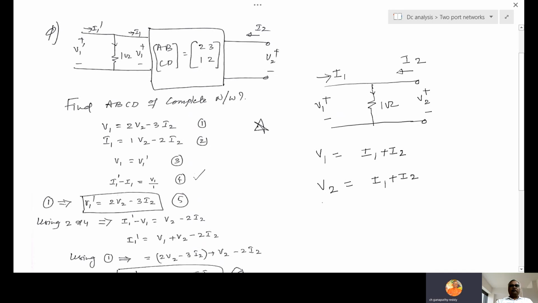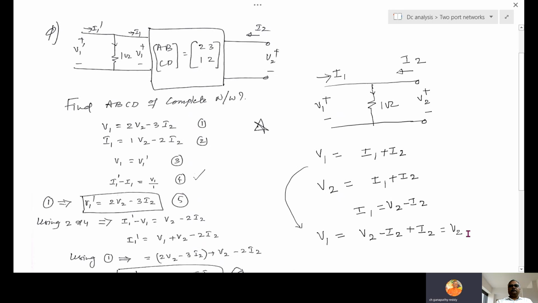But we want V1 in terms of V2, I2. So what is I1? I1 is V2 minus I2. Now in this equation, V1 is equal to V2 minus I2 plus I2, therefore this is V2 only.